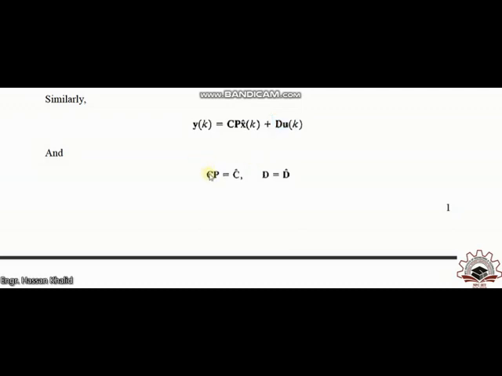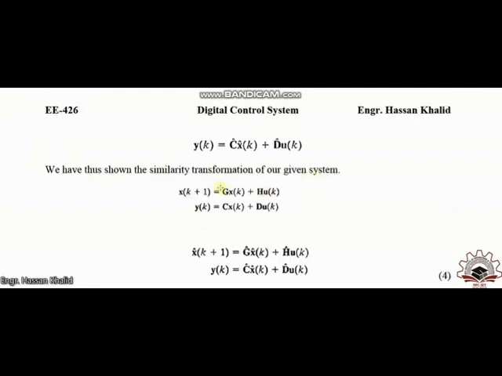Similarly, by defining C P as the new similarity transformed matrix C-tilde, D will remain the same for our new transformed model.